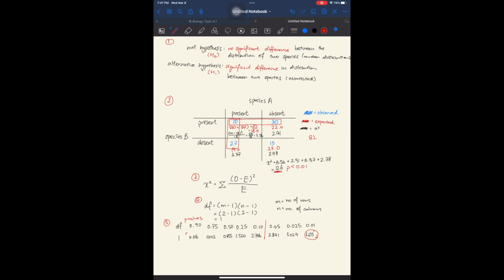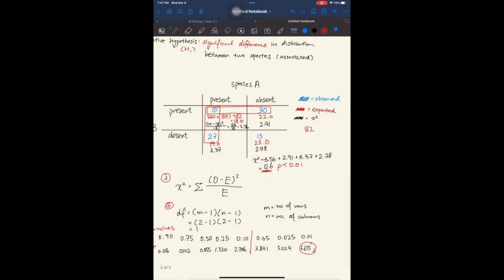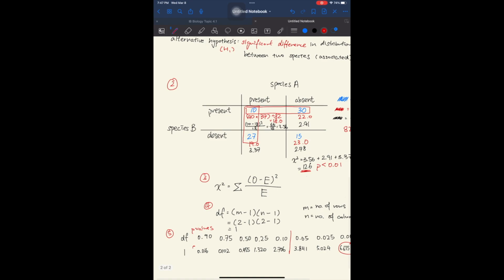For a value to be considered statistically significant, the p-value has to be less than 0.05.